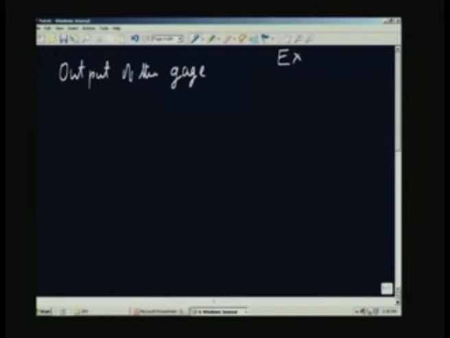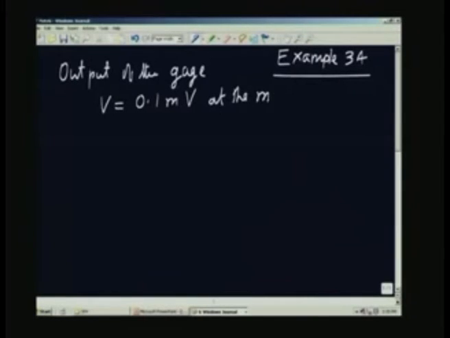This will be actually example 34. Numerical example 34. The output of the gauge is given to be V equal to 0.1 millivolts at the maximum Q to which it can be subjected.